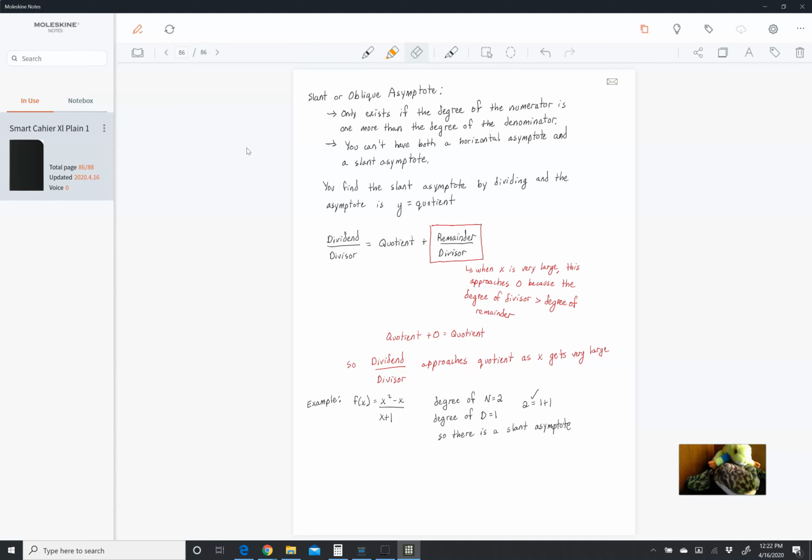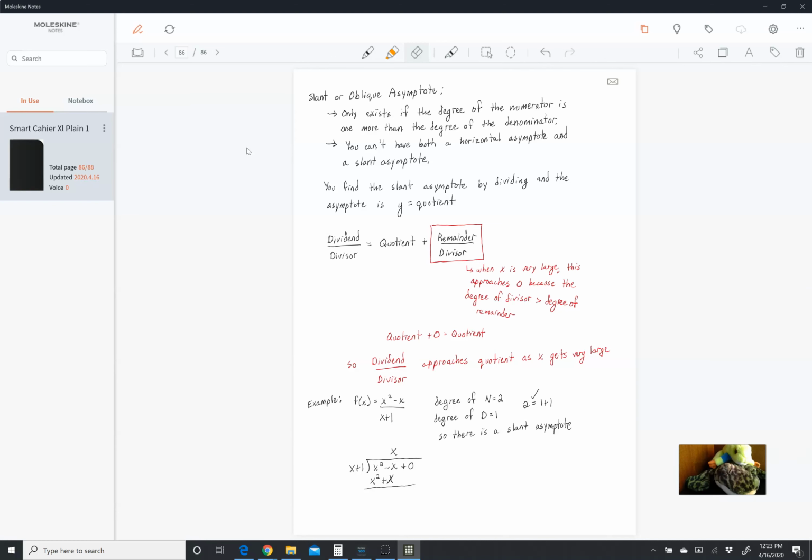So now we're going to divide x plus 1 into x squared minus x. Don't forget the plus 0 at the end. Okay. x goes into x squared x times. We multiply, we get x squared plus x. Okay, we're just doing long division.